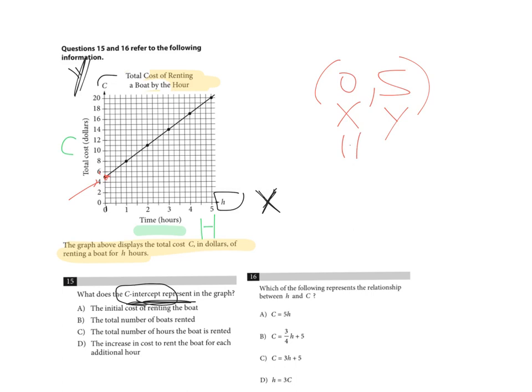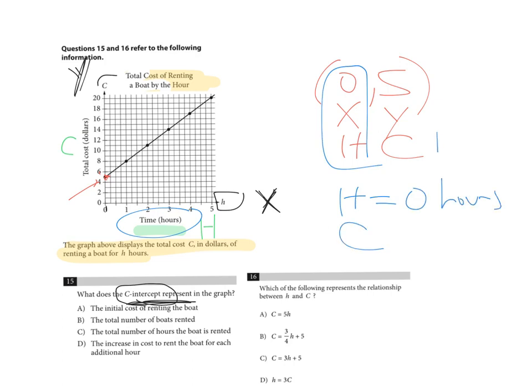Here we have H and C is 0, 5. So what does that point represent? Well, H is the time in hours, so 0 hours. C, the cost, is 5. So this is the total cost of renting a boat by the hour.